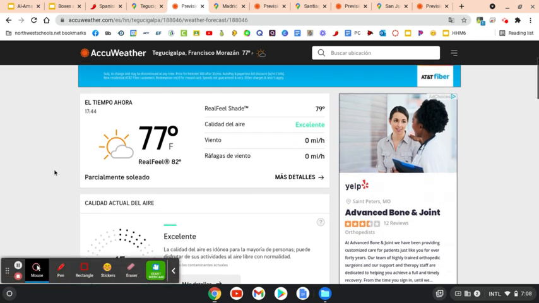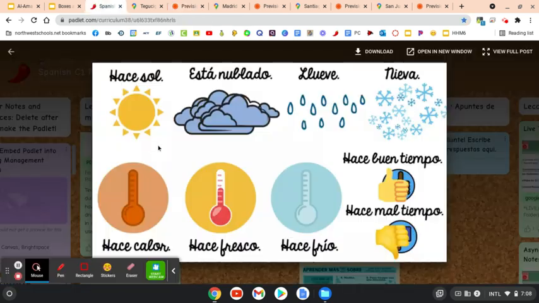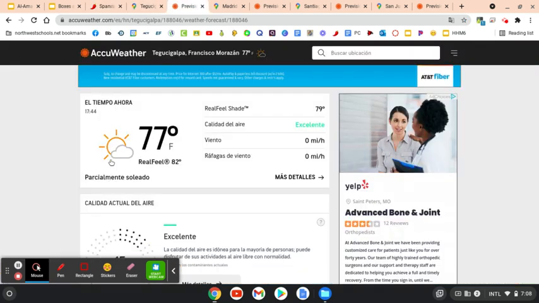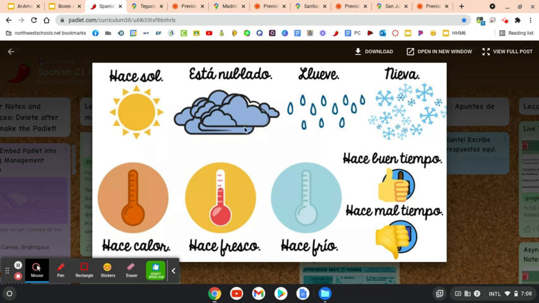So class, you're going to be writing some of these things down in that bullet point list, please. En Tegucigalpa, Honduras, hace sol, y está nublado. Está nublado.